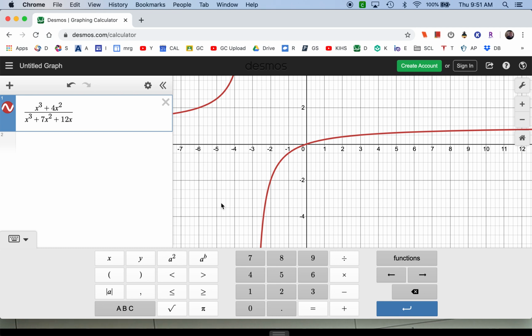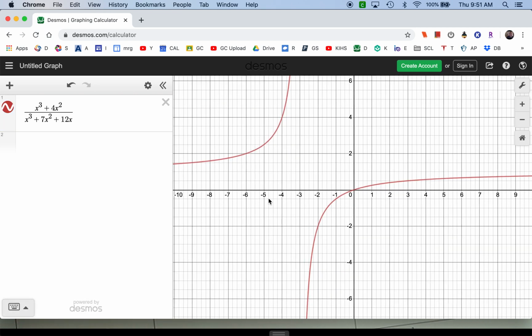All right, and then when I look, what I'm looking for is as x approaches negative 4. So if I look at negative 4, I want you to notice that there's no asymptote there, but there is a hole there.